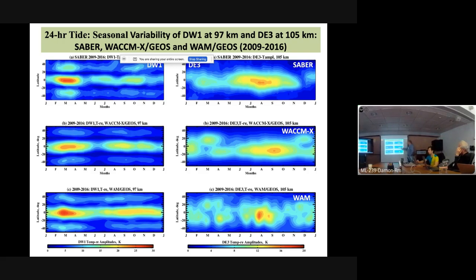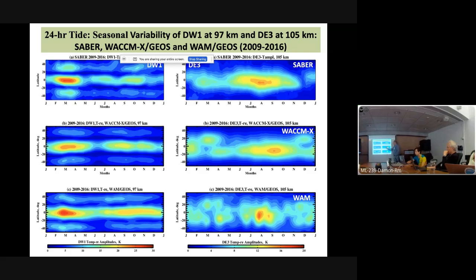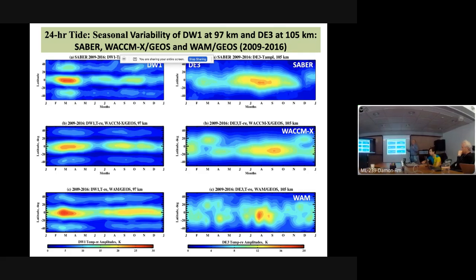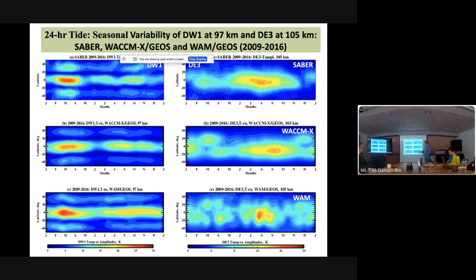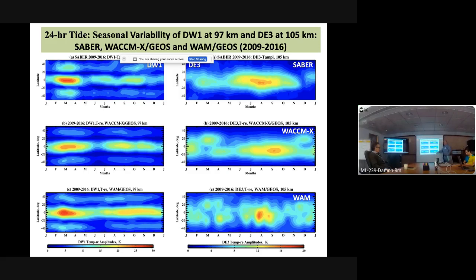Probably this is because the non-migrating diurnal tide is associated with convective latent heat release forcing diurnal variation over land. Both models have quite similar convective parameterization and latent heat release, and that's why we can probably see a similarity.